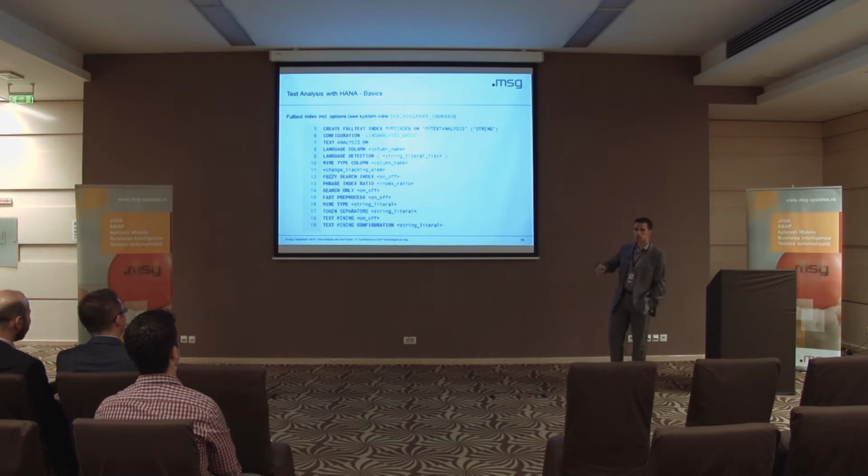We will not write a test after this talk on this syntax. So what you do is, quite self-explaining, you create this full text index. We will see that later on in the demo on the table where your data is stored, and you specify the column where the text is located. So that's easy. And then you say to SAP HANA, switch the text analysis on.